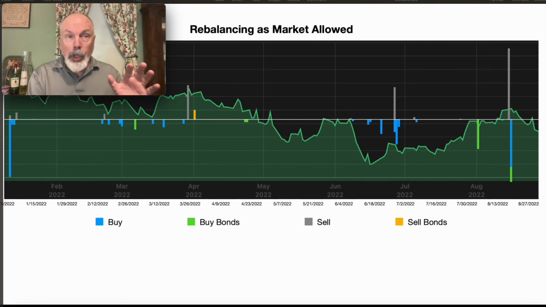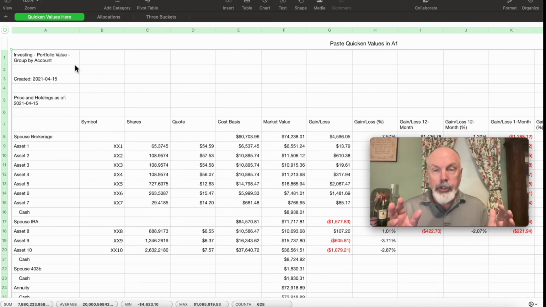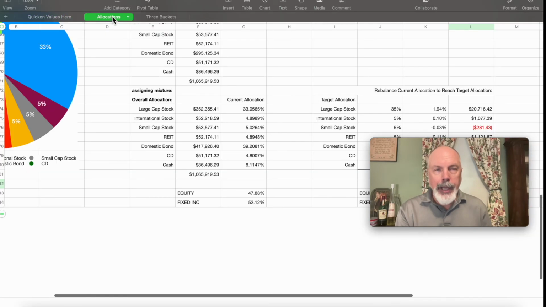It's not going to correlate with the data that you've seen here on my buckets this year, but let me look at this spreadsheet. This is the spreadsheet that's available on my Google Sites, which has dummy data that shows the approach of how I manage these buckets by pasting data from Quicken here and then taking a look at the allocations.